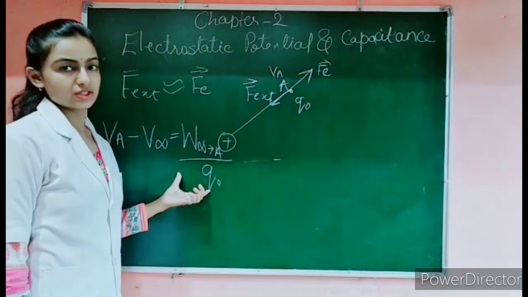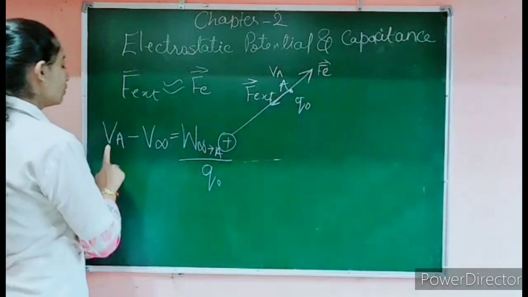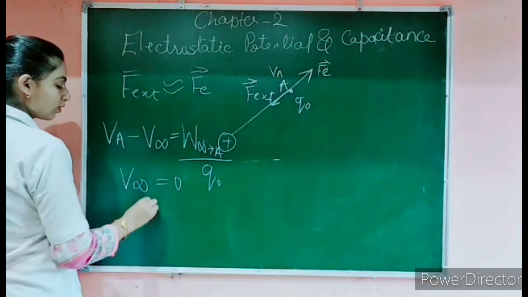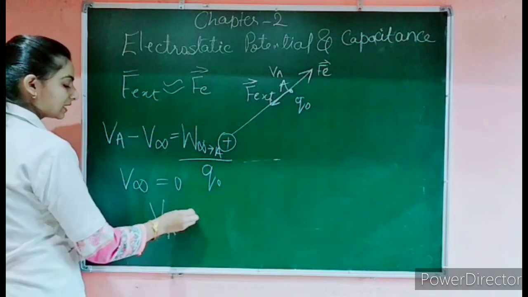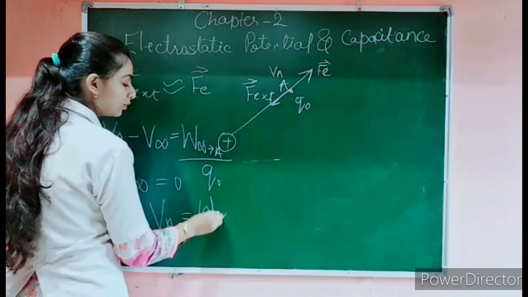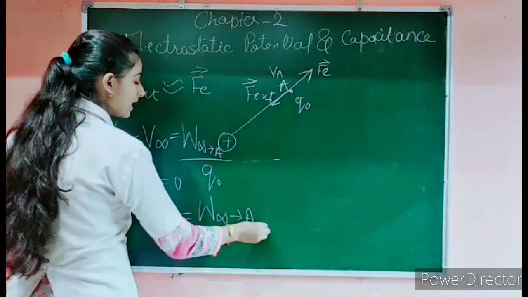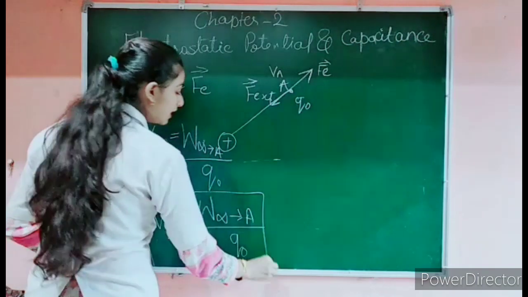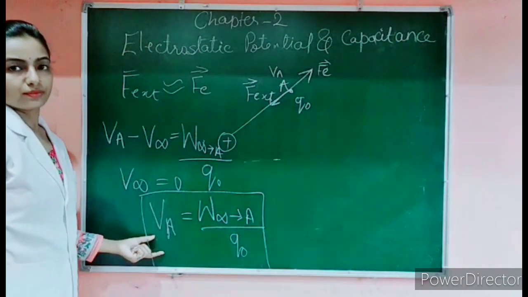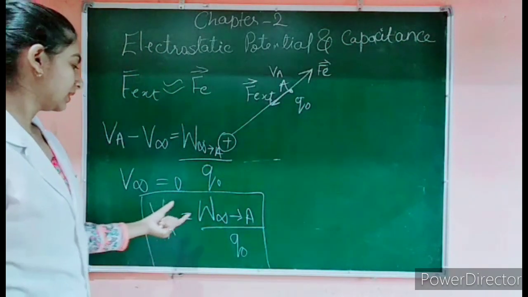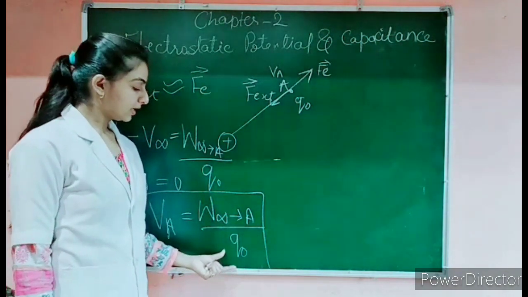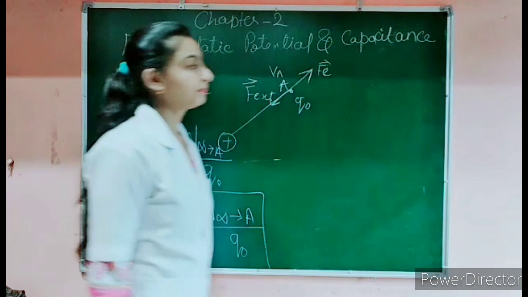Now, the potential at infinity will be 0, then VA is equal to W infinity to A upon Q0. This is our electric potential.